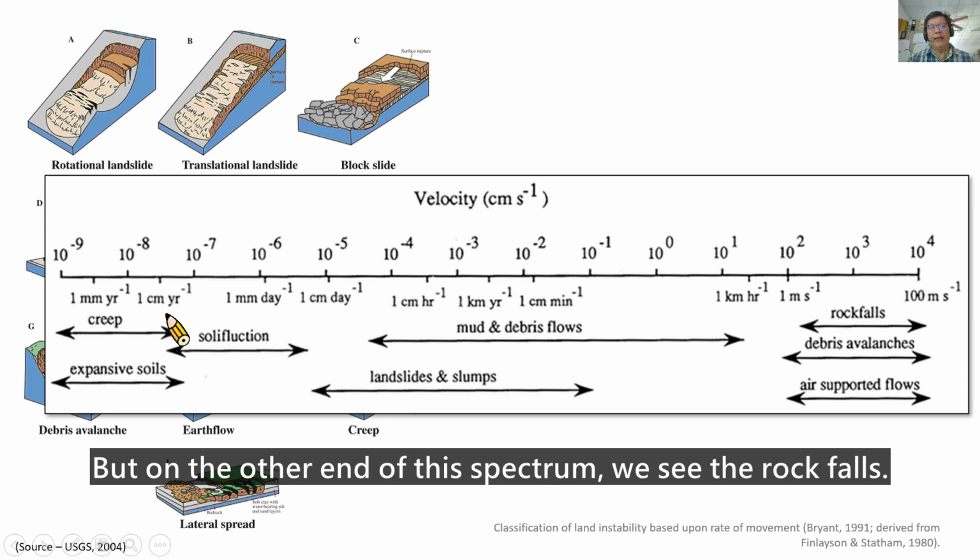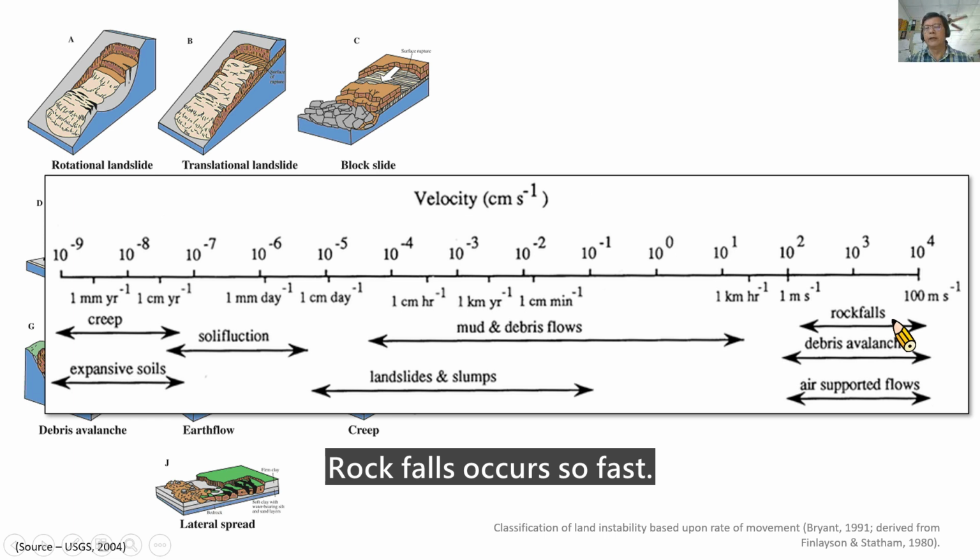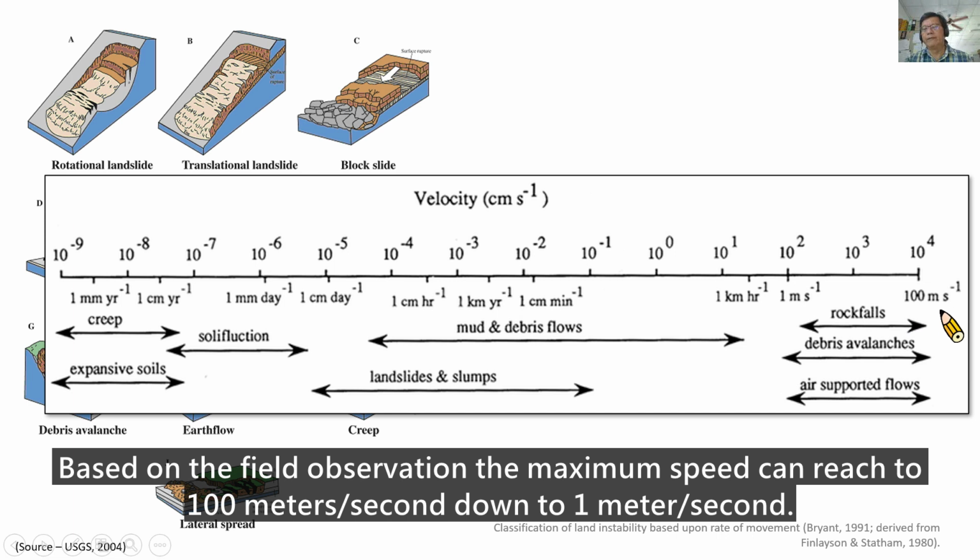But on the other end of this spectrum, we see the rock falls. Rock falls occur so fast. Based on field observation, the maximum speed can reach 100 meters per second, down to 1 meter per second.